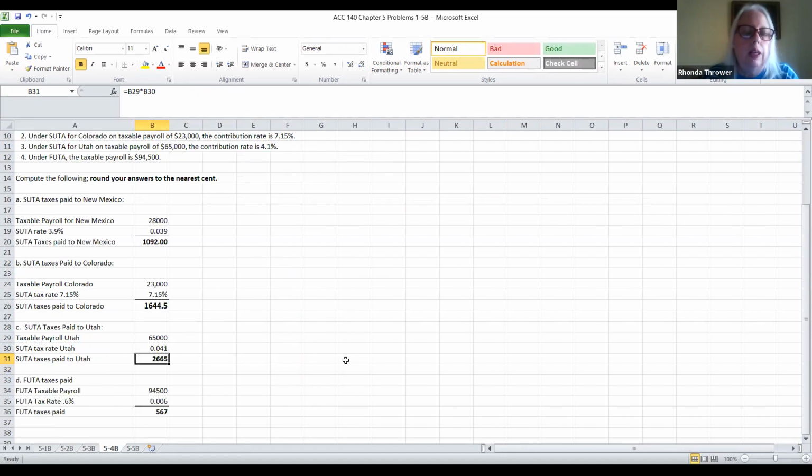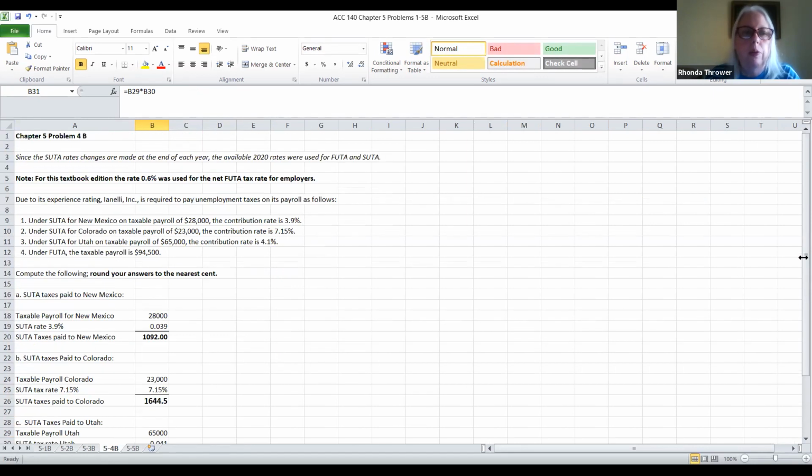So let's look at the fourth problem. It gives you some more information. It says, due to its experience rating, Llanelli Incorporated is required to pay unemployment taxes on its payroll as follows.